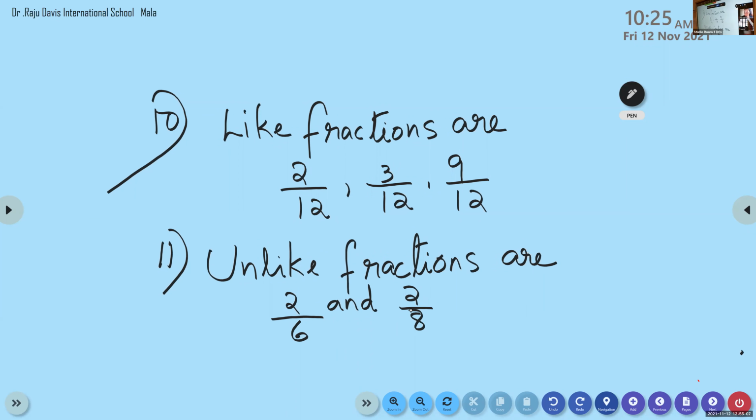Yes, children, here we have question number 12. 4 parts are not shaded out of 6. How do we write that? 4 by 6. Now we will do only till question number 12.